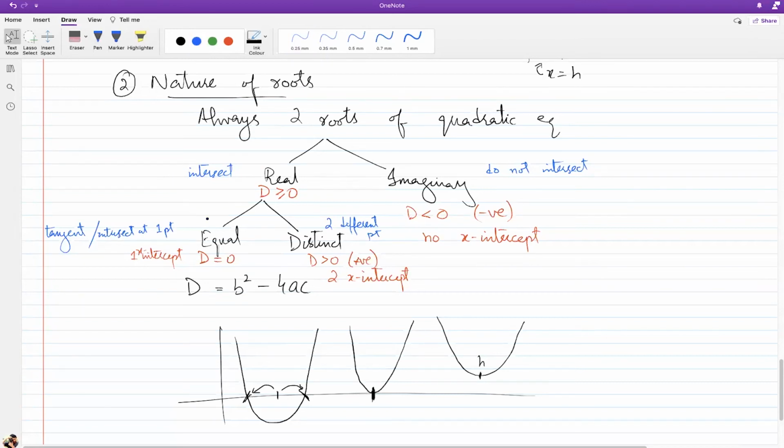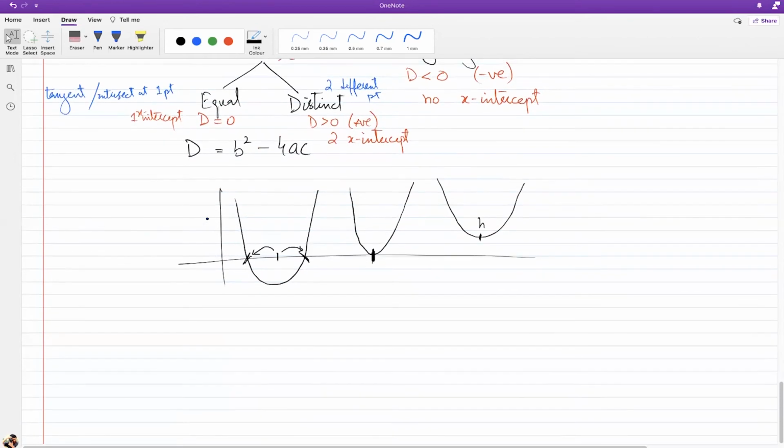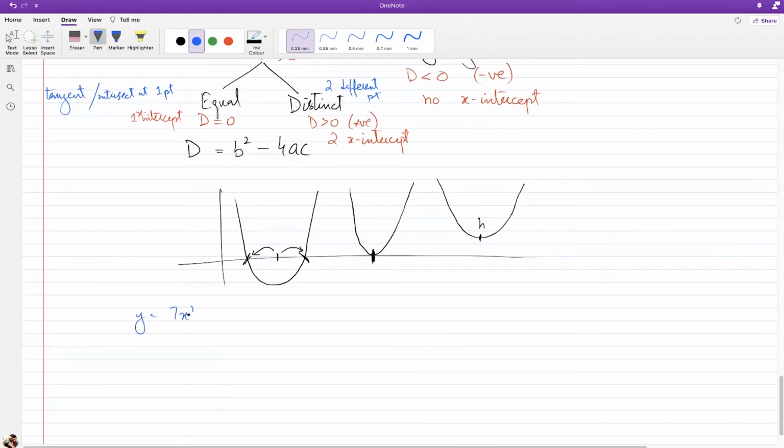Now we can use the same approach not just for the x-axis, but for multiple equations. Let's suppose they say there is an equation y equals 7x squared, and there's another equation y equals 5x minus 4 plus k, let's suppose.